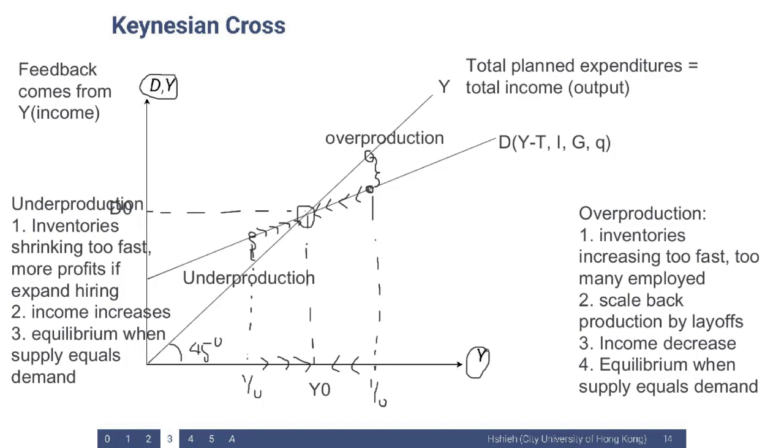All right, so maybe I'll talk about how equilibrium is achieved later, but let me show you what the intersection means. So the intersection is the equilibrium in which output equals demand, right? Demand creates supply. So supply always meets demand.